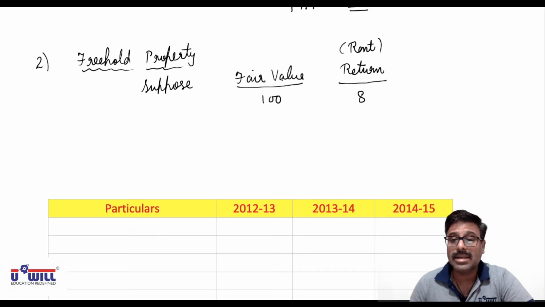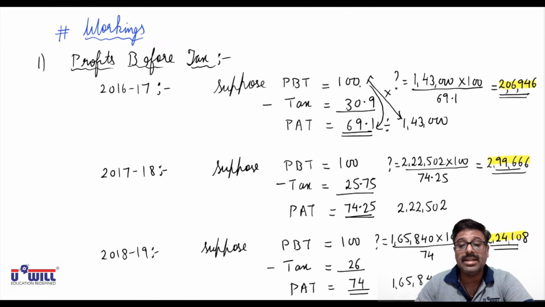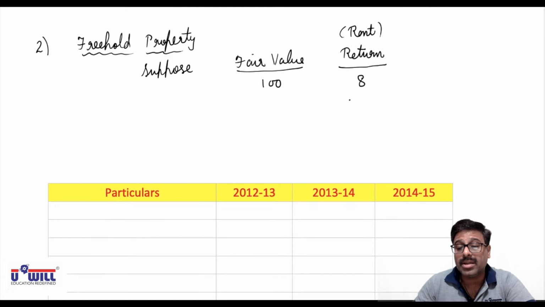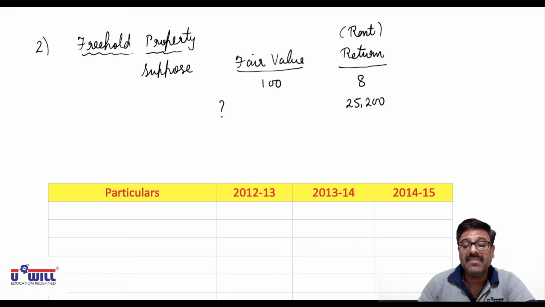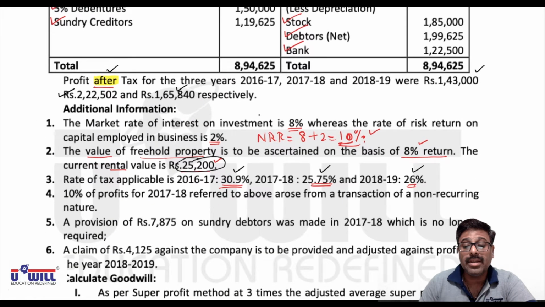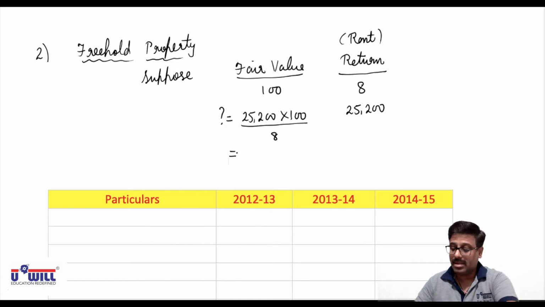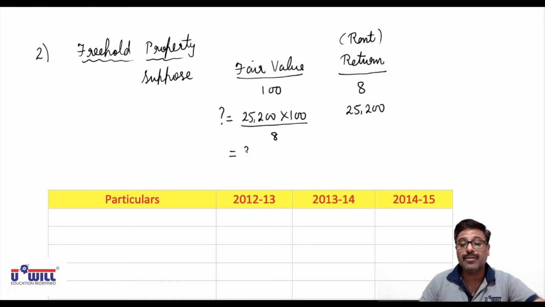Now the rent is given as 25,200. If the rent or return is 25,200, what should be the fair value of that property? 25,200 into 100 divided by 8, that is 3,15,000.